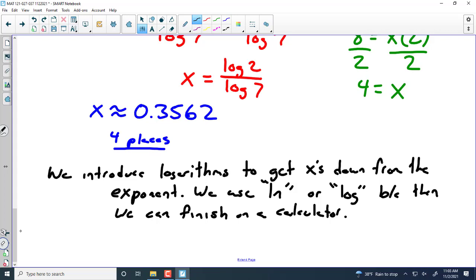So why would we introduce logarithms? To get x's down from the powers. That's why you do it, everyone. Okay.